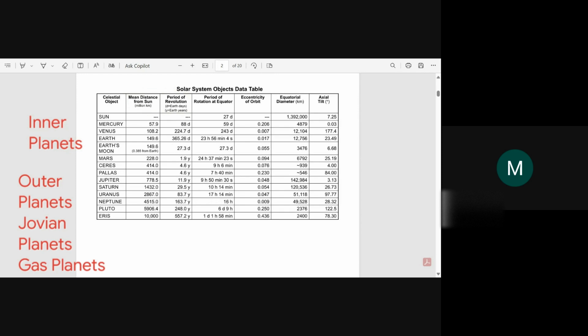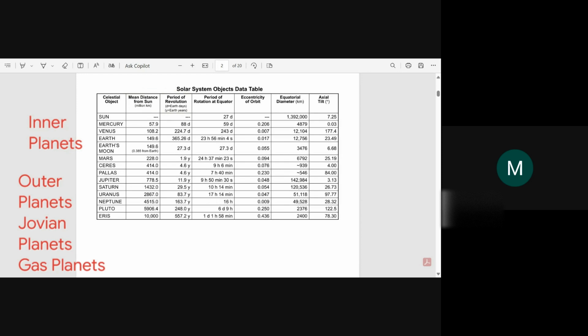If you notice, the inner planets Mercury, Venus, and Earth are in days, whereas Mars, although it is an inner planet, has a period of revolution almost twice that of Earth, 1.9 years.